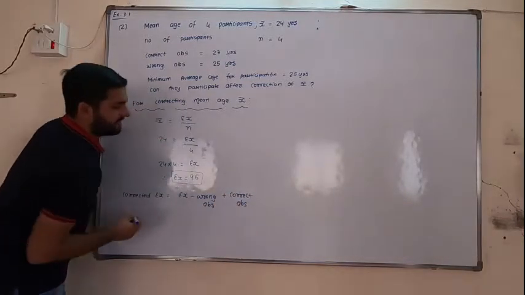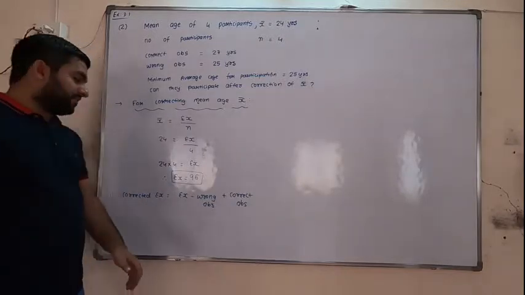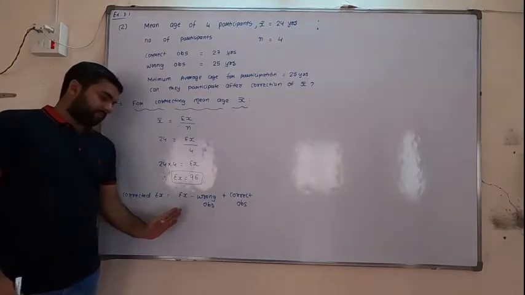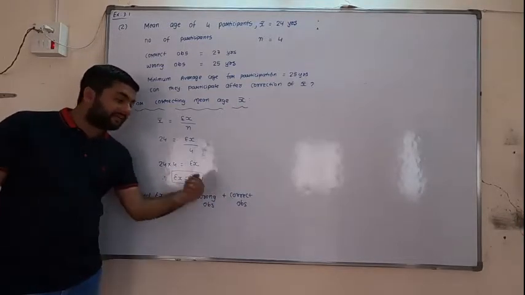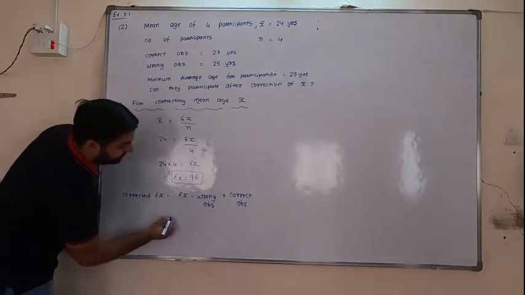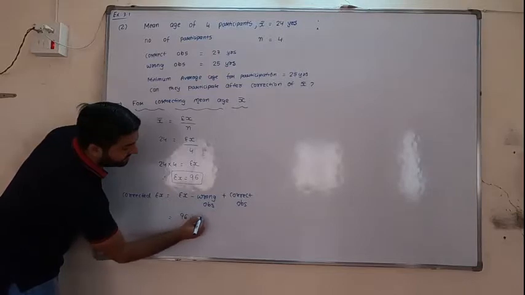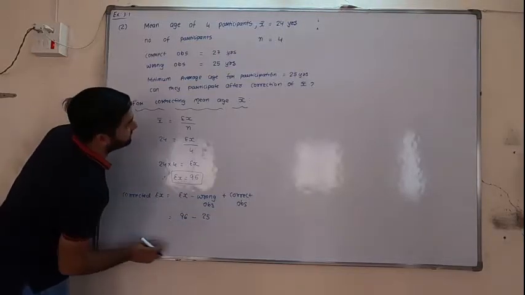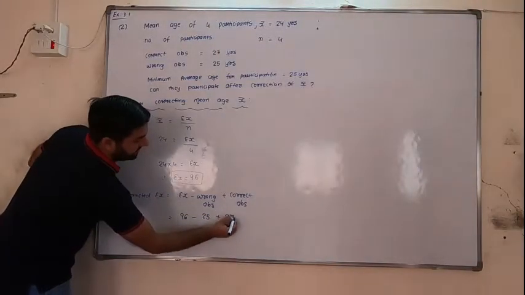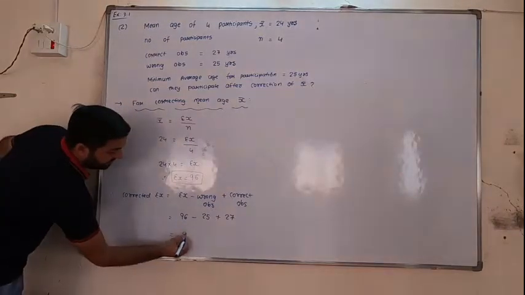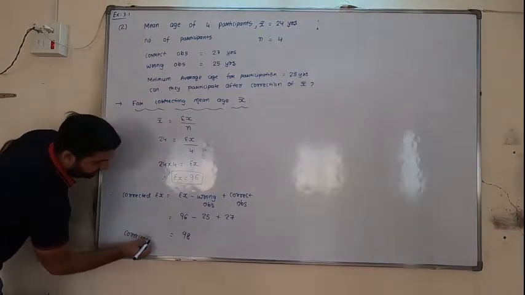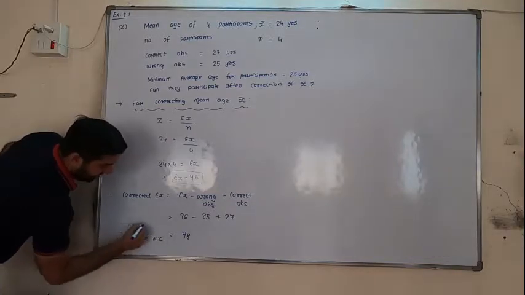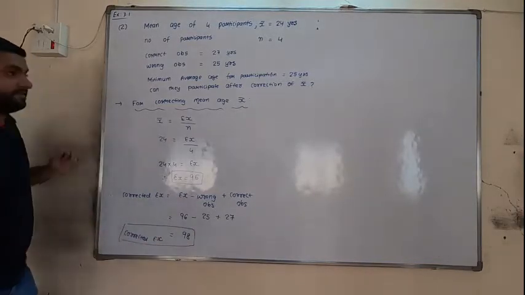This we have learnt in standard 10th also. For correcting the mean from the total, that is sigma x, deduct the wrong observation and take the correct observation. Sigma x is 96, wrong observation is 25 and correct observation is 27. So now it will become 98. Corrected sigma x is now 98.